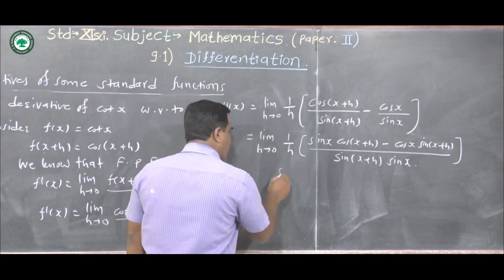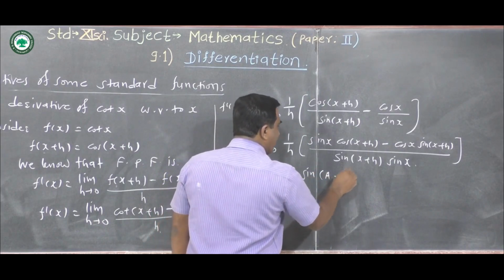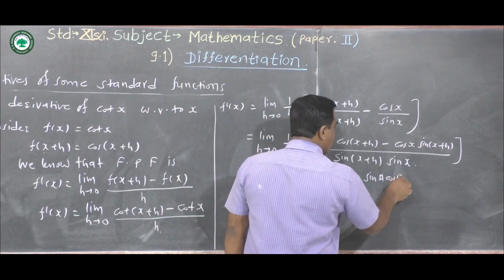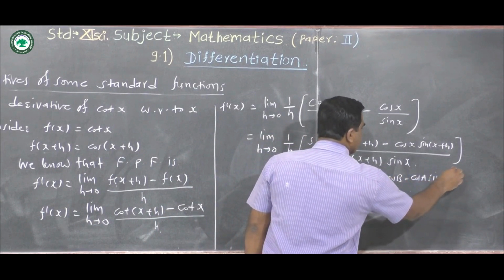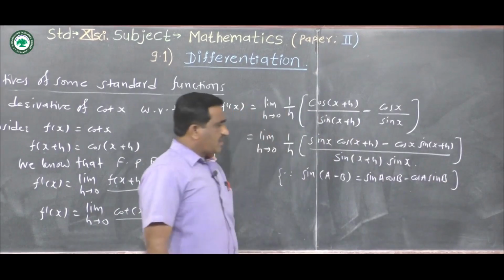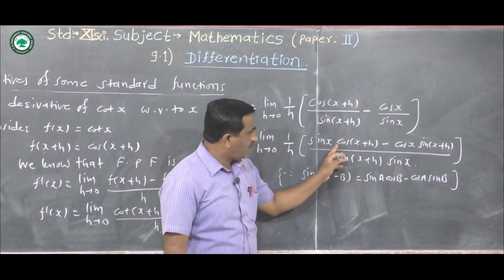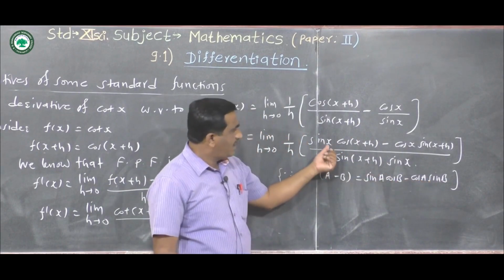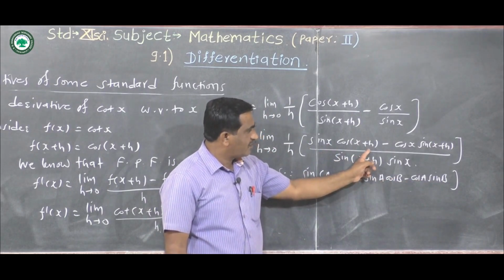Now we know the formula sin of a minus b equals sin a cos b minus cos a sin b. Using this formula we can write the value of the numerator here. The RHS is sin a cos b minus cos a sin b, where a is equal to x and b is equal to x plus h.